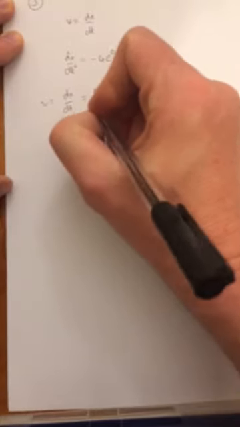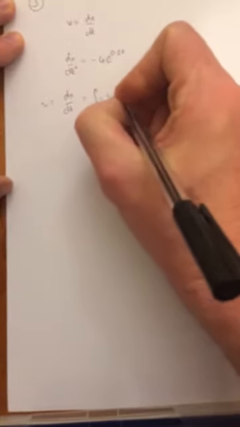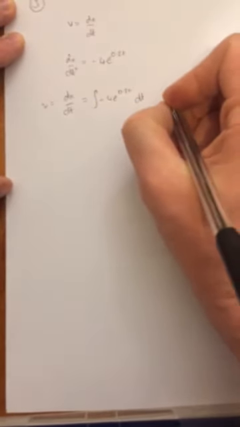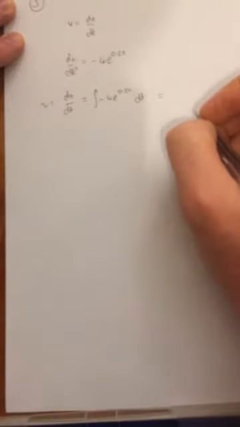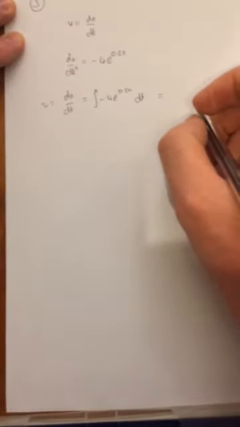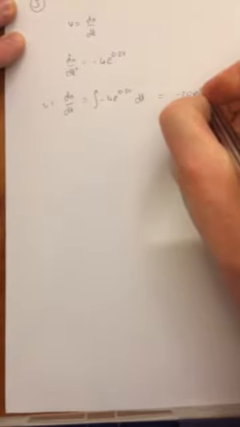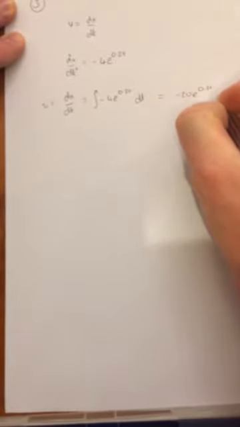So I'm going to write the integral of minus 4e to the 0.2t dt, which is minus 20e to the 0.2t plus c.